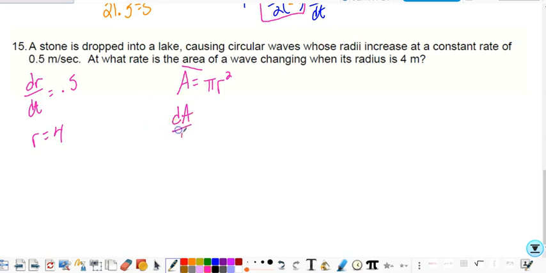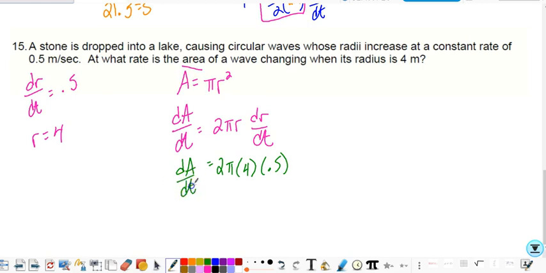All right, so our derivative over time, we're given r, we're given dr dt, and we need to find the rate of the area. So 2 times 4 is 8. 8 times 1/2 is 4. Keep my pi. And since now it's rate of area, area is units squared per second. So meters squared per second.